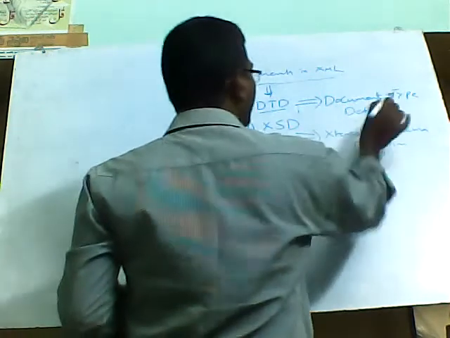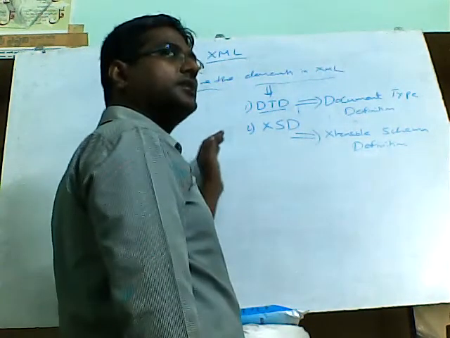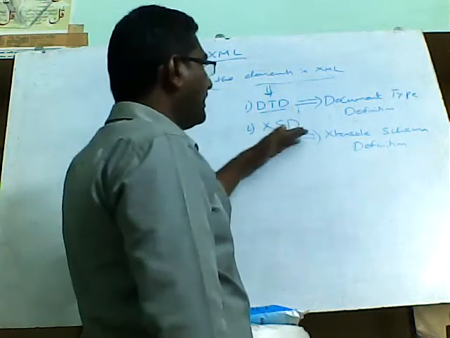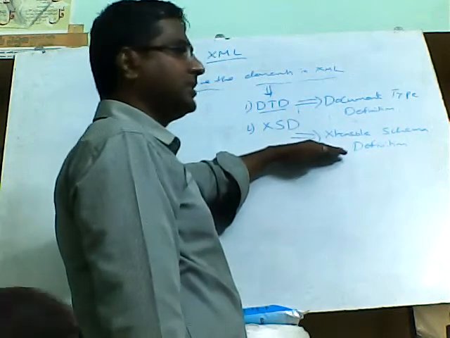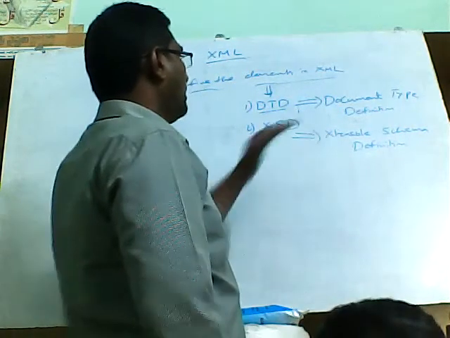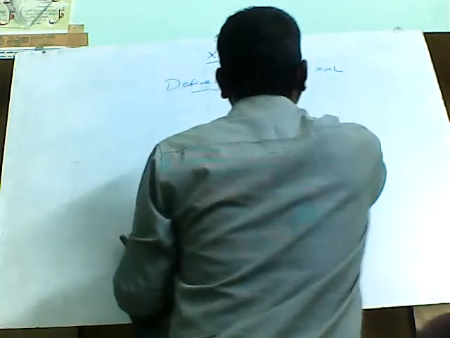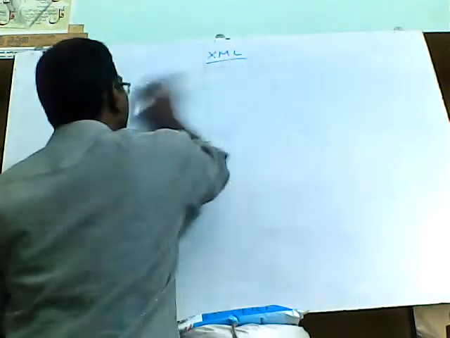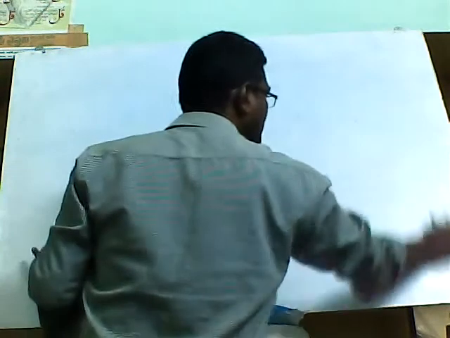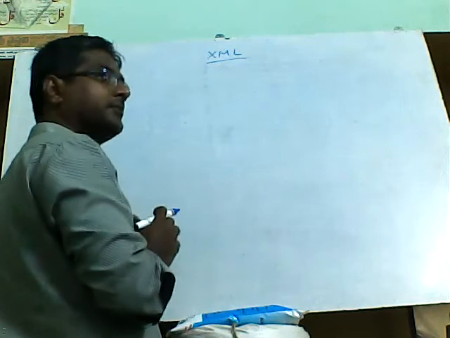DTD means document type definition, where we follow some procedure and describe the document. By using a schema, using one structure, we can also describe the document. These two facilities are available. Now we will see what actually the DTD is and how to define that particular document.